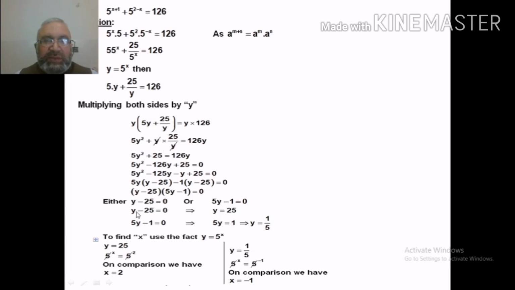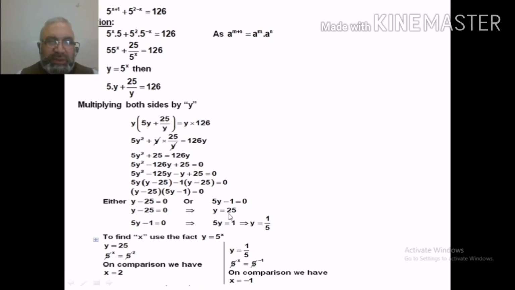So solving this one, y is equal to 25, and solving the next one, 5y minus 1 is equal to 0, we get 5y is equal to 1 or y is equal to 1 over 5. So again we get two values: one value is y is equal to 1 over 5, and second value y is equal to 25.